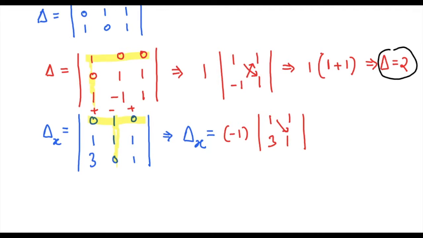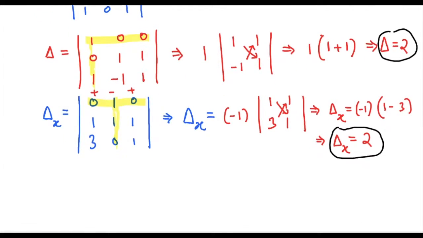Cross multiply and subtract them. Del x is equal to minus 1 into (1 minus 3), so del x is equal to 2.